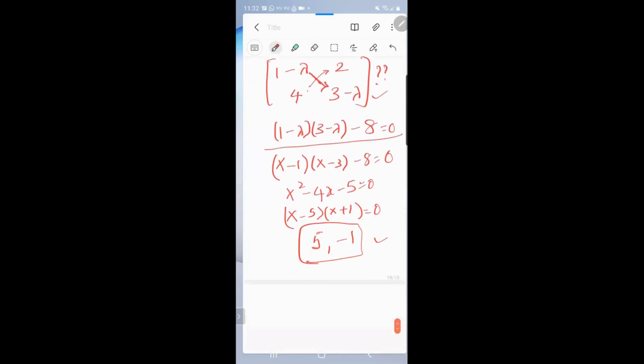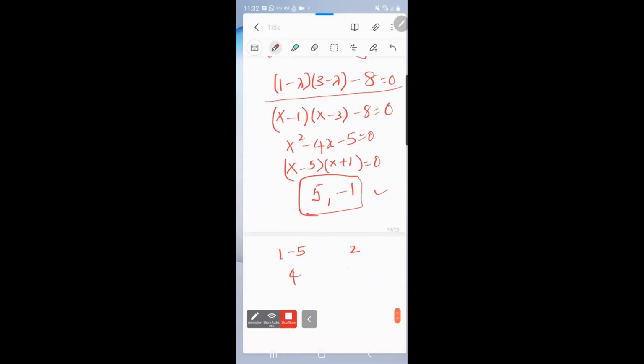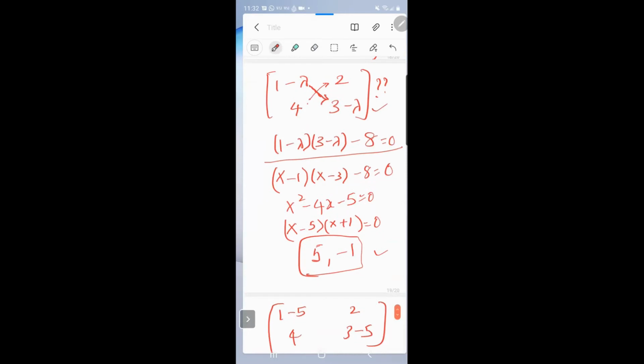Now, if I substitute this 5 here, I get 1 minus 5, 2, and 4, and 3 minus 5. I'm substituting this value of 5 here.